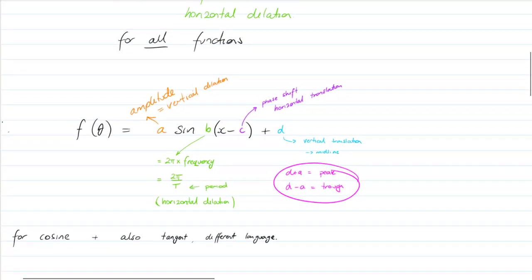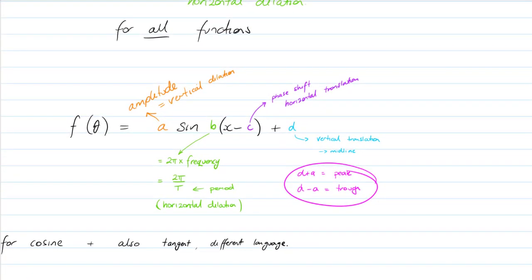Now, here is a function, I've written a sine theta and then written x, so we'll fix that up. f of x, this is just a sine function. Now, I just want to show you that we get exactly the same results because we've got a vertical dilation, i.e. the amplitude, and a vertical translation, i.e. the midline or the center of equilibrium, whatever you call it. So we've got a relationship there directly with what we already knew.